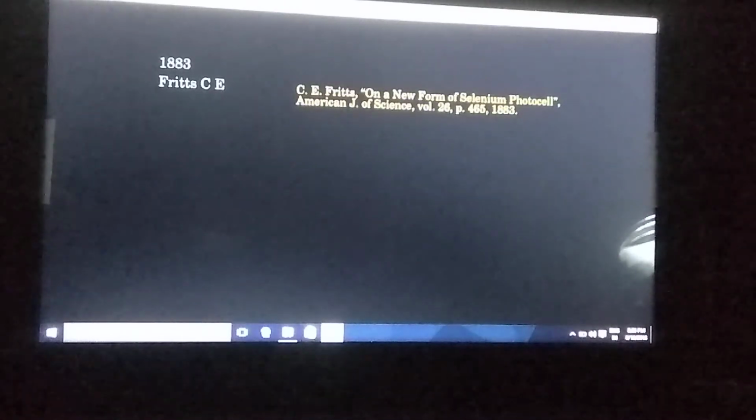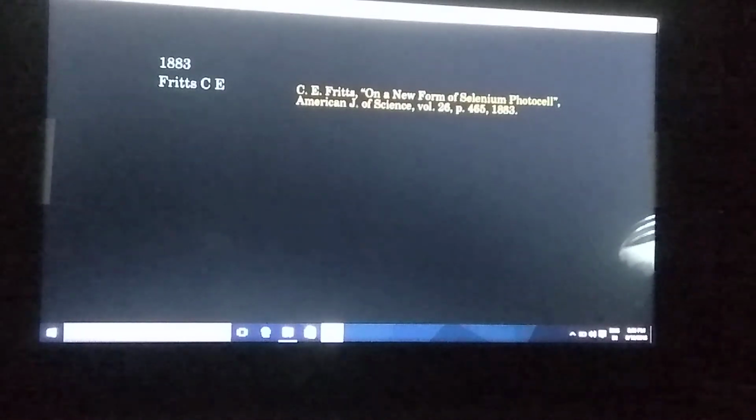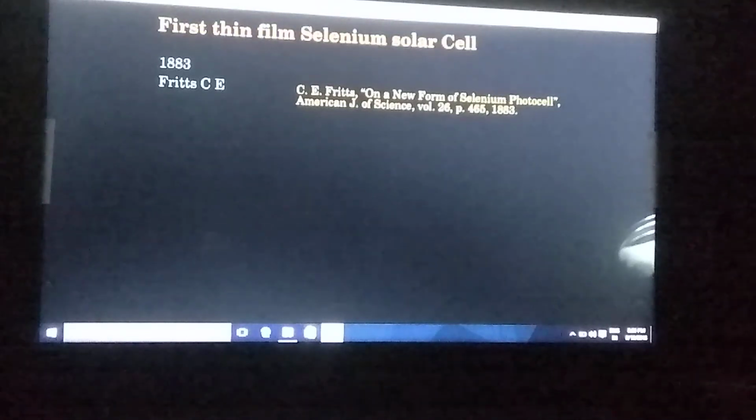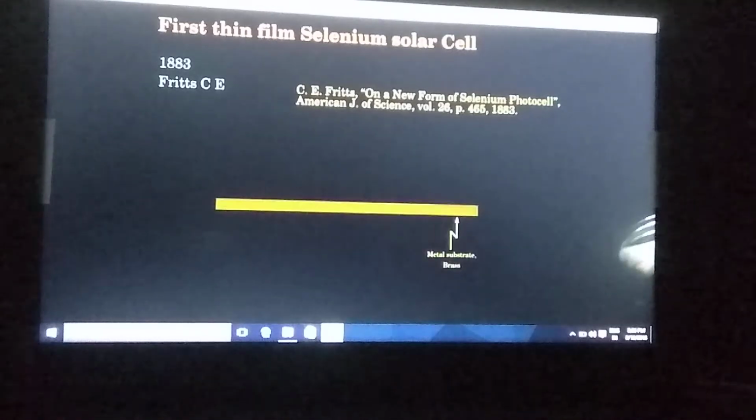In 1883, 5 years later, Fritts published in the American Journal of Science on a new form of selenium photocell. So this was the first thin film selenium solar cell. It consists of a metal substrate.